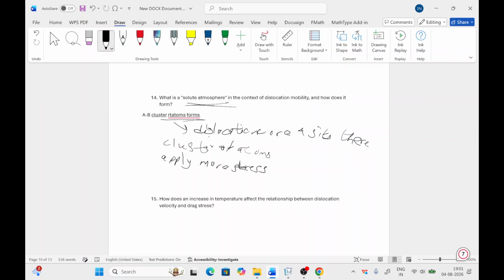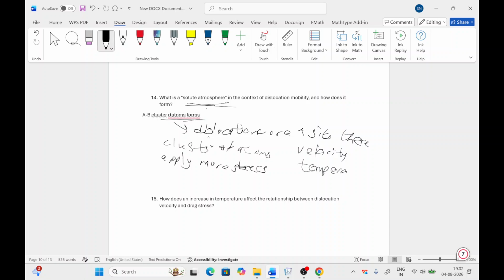So the motion of this dislocation with the solute atmosphere depends on two things. One is the velocity and second is the temperature.